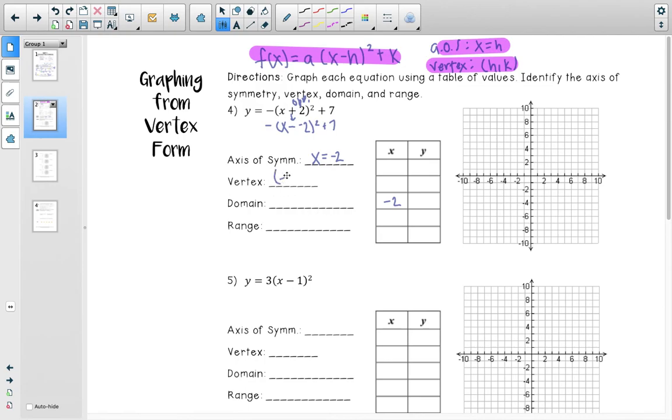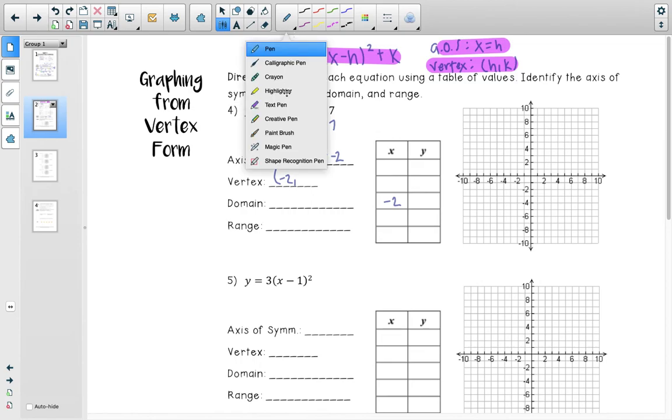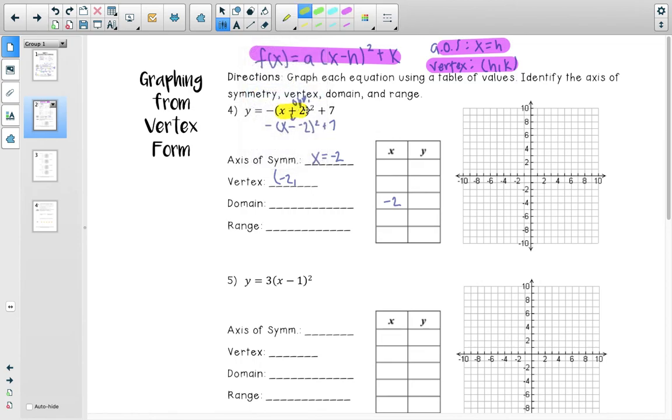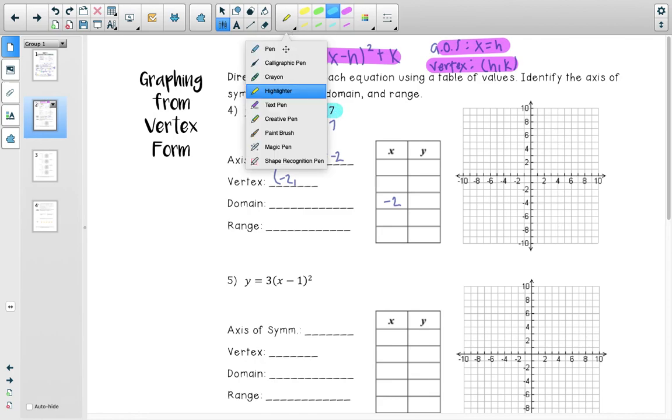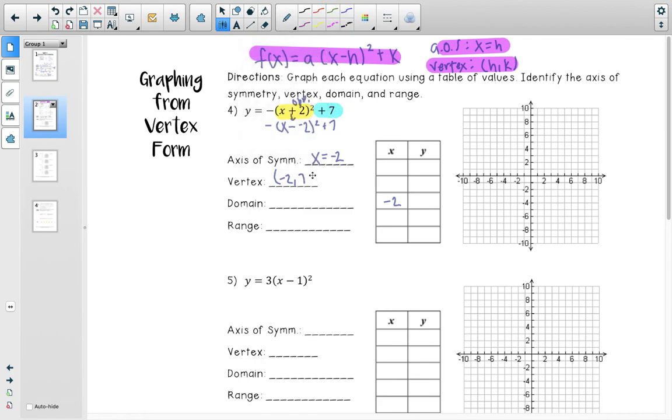So we already have the x value of the vertex. Now I have to find the y value. What's in here is always the opposite; what's added or subtracted at the end is always the same, so it's going to be +7. So we already know at (-2, 7) we have a vertex.